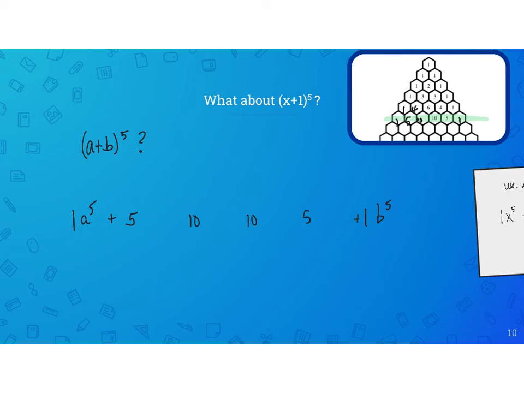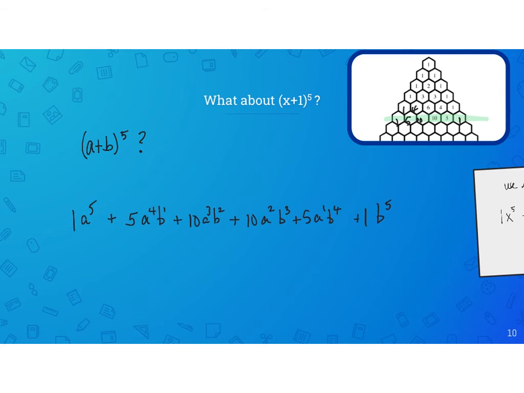Then we have decreasing exponents of a as we go across the screen. And then we also have increasing exponents of b. So then this would be the expansion of (a plus b) to the exponent 5.